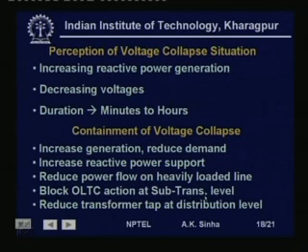Block OLTC action at sub-transmission level. That is, as we discussed just a little earlier, we need to block the OLTC, that is on-load tap changing transformer action, when a voltage collapse situation is being perceived, because as we have seen, in trying to restore the voltage, if taps are raised, this in effect increases the load demand and thereby further drops the voltage in the line, and that means further decline in the voltage at the receiving end, causing a runaway situation.